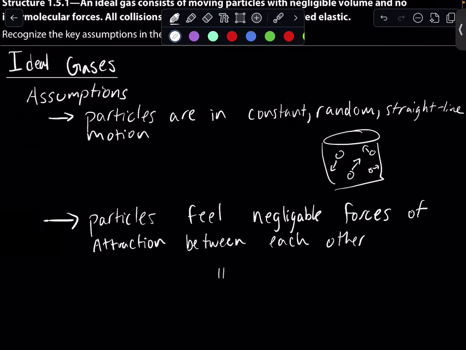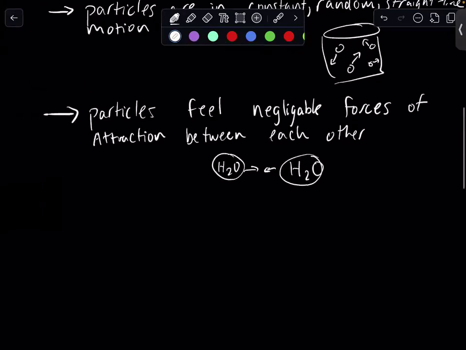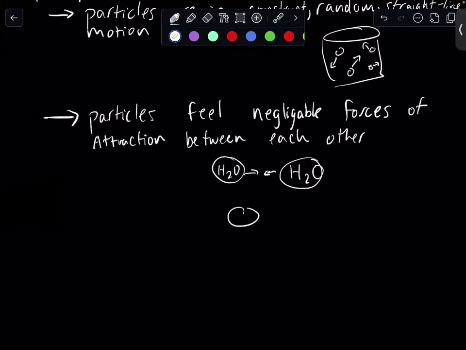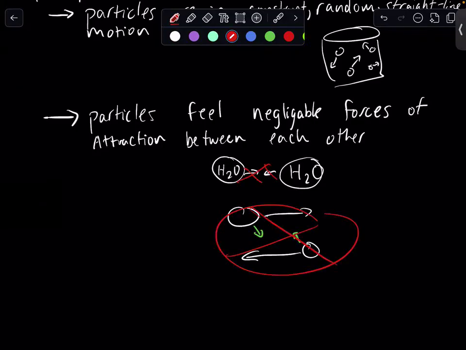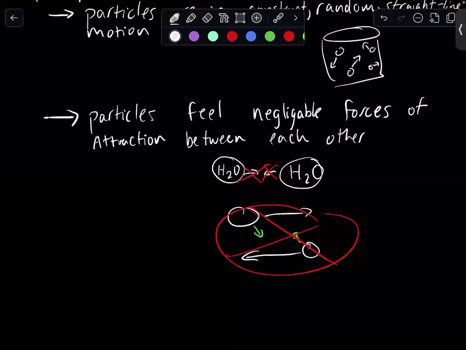If we have two water particles close to each other, they like to attract each other, which causes a problem, because if we have two going in opposite directions, they will be deflected towards each other by feeling each other's force of attraction. But in an ideal gas, we say, no, this doesn't happen. They do not have any attraction. So we need to keep that assumption here.